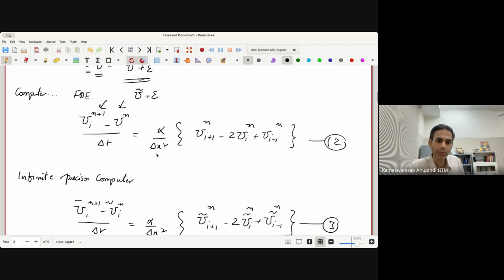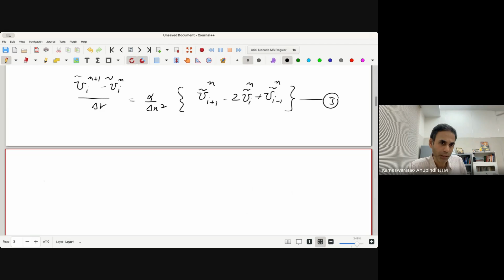That gives me another equation: u tilde I n plus 1 plus epsilon I n plus 1 minus u tilde I n plus epsilon I n, divided by delta t equals alpha by delta x square.